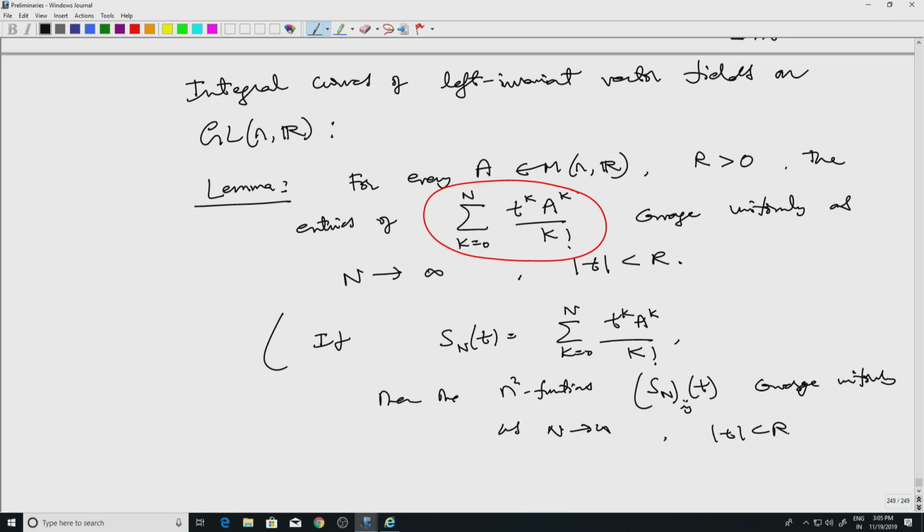In this open interval, r can be as large as we want. Whatever r is, on this open interval these things converge uniformly.